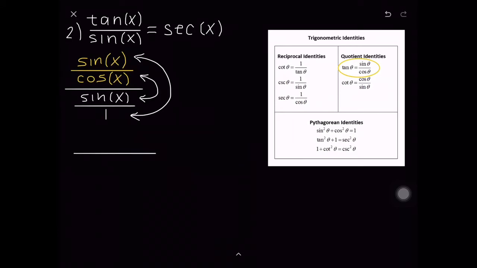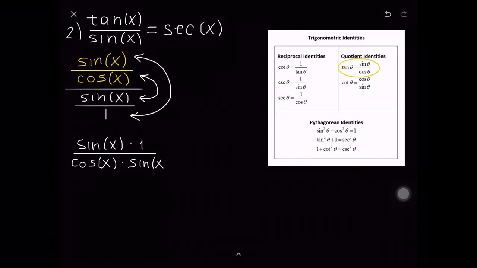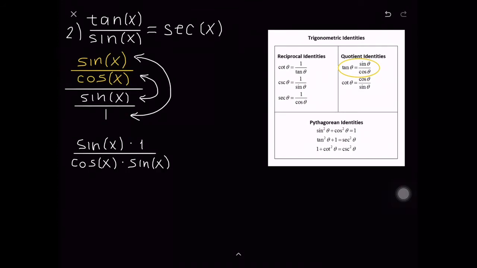We need to multiply sine of x by 1 and put it on the top, and cosine of x by sine of x and put it on the bottom. So here it is, cosine of x by sine of x.